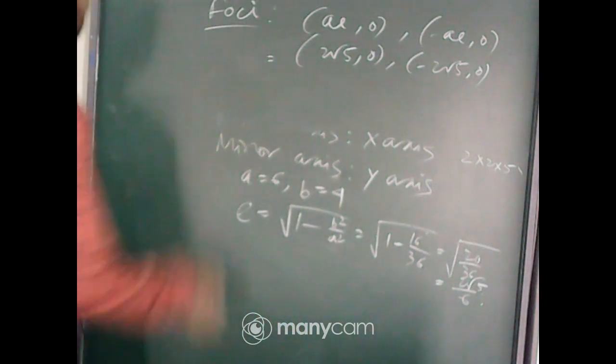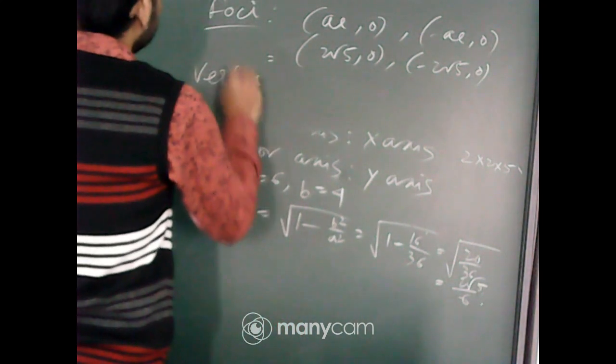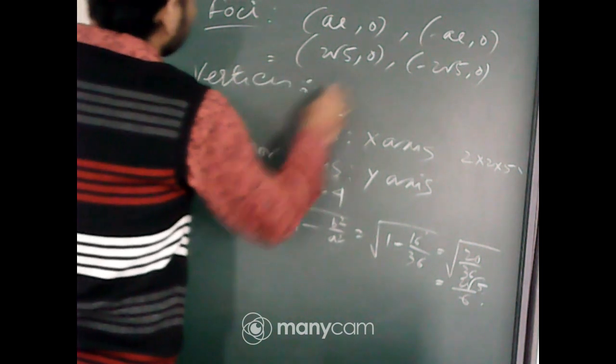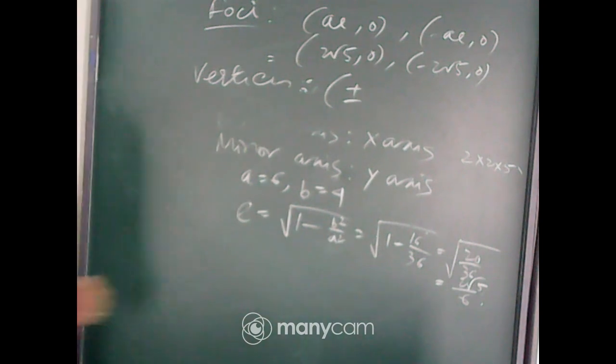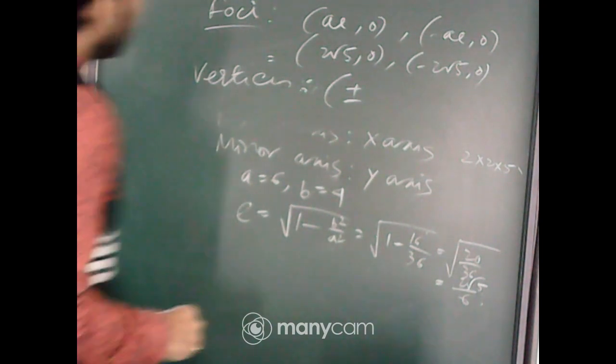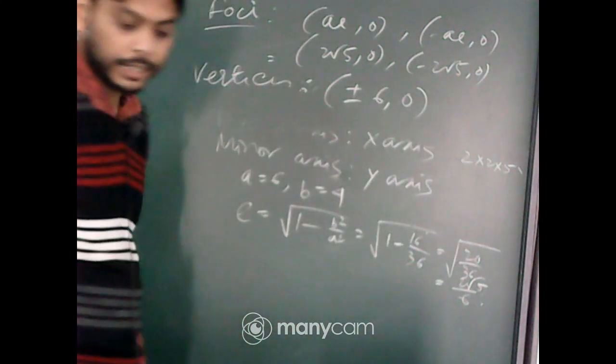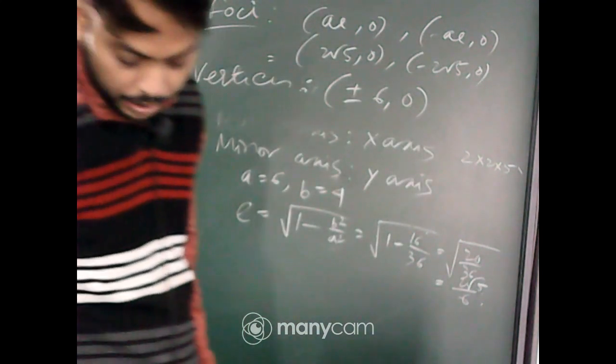Next thing, the vertices. Just write simultaneously plus minus a comma 0. So plus minus 6 comma 0. The vertices plus minus 6 comma 0.